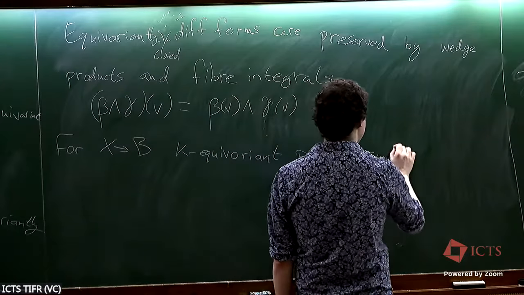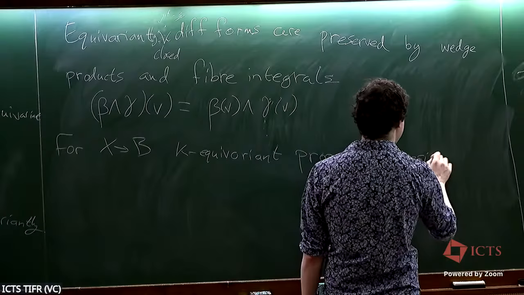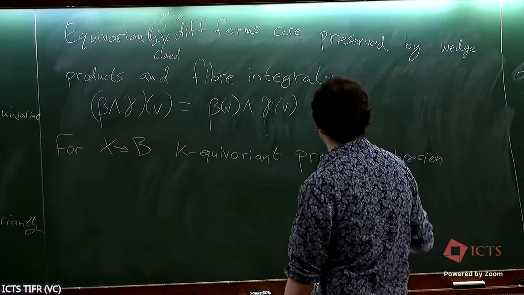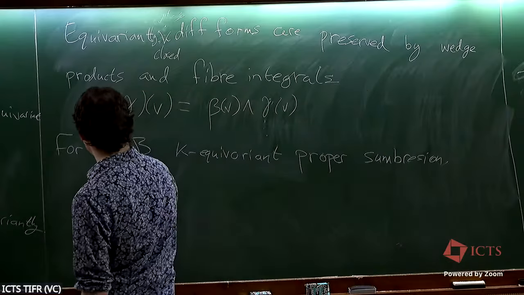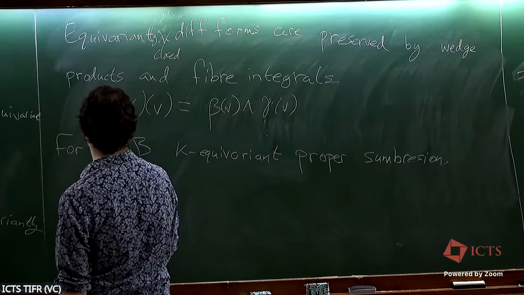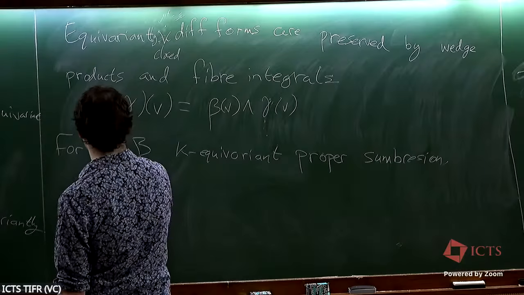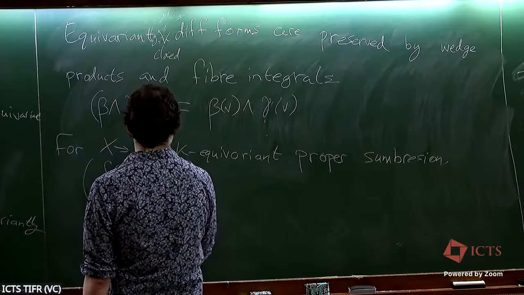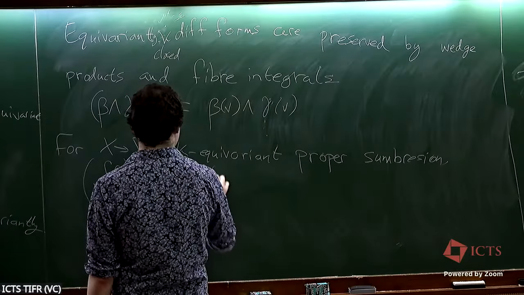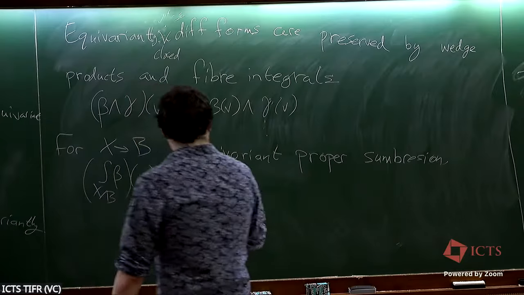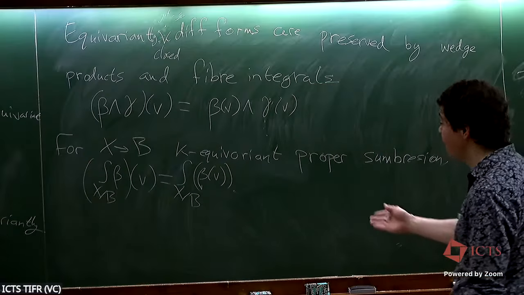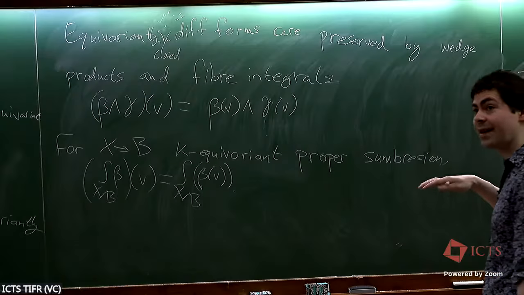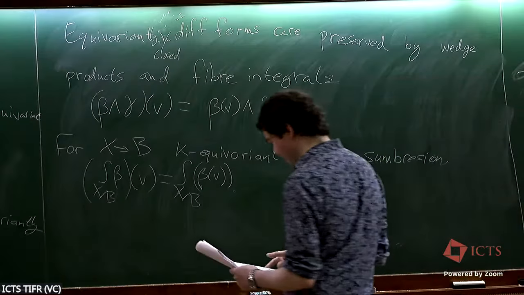That's what allows me, once I include the extra adjective of this being a submersion, so all the fibers are smooth, to take fiber integrals. So the fiber integral of X over B of beta on an element v of the Lie algebra, I just take the fiber integral of beta of v. This is something that you define using that a submersion is locally a product, and you reduce to a single such product chart by a partition of unity argument.